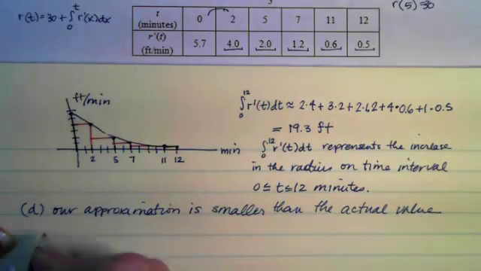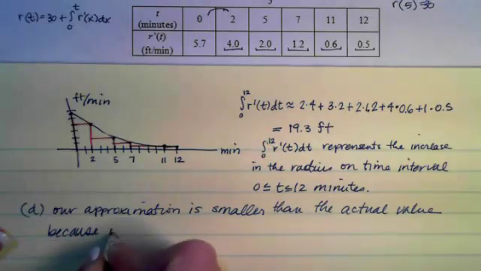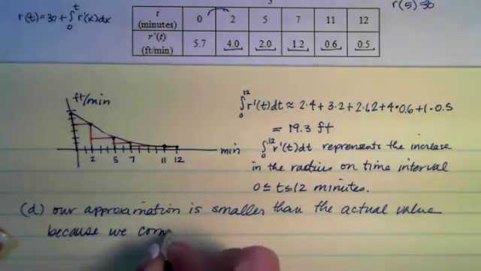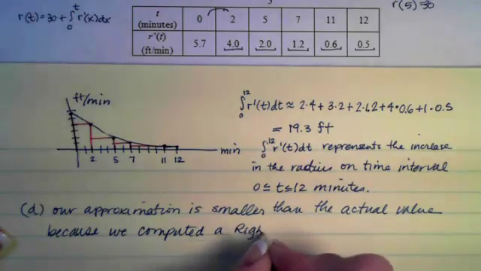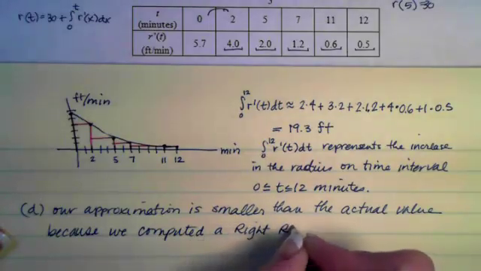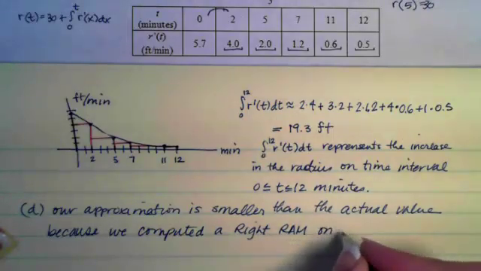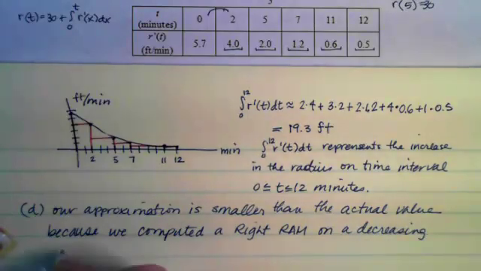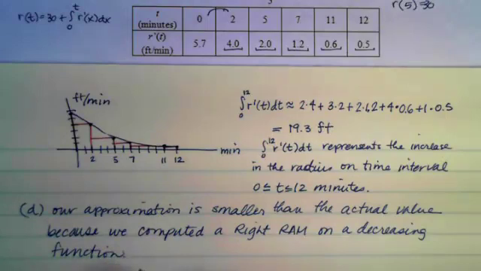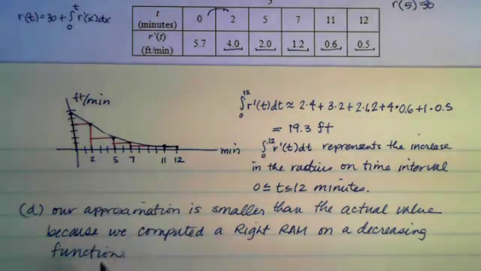We know that because we computed a right Riemann sum approximation on a decreasing function. If the function is decreasing, then the approximation will be less.